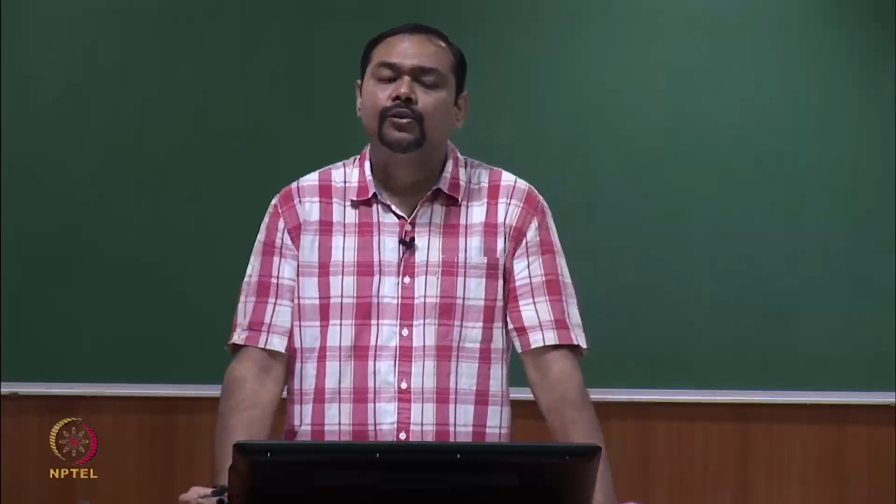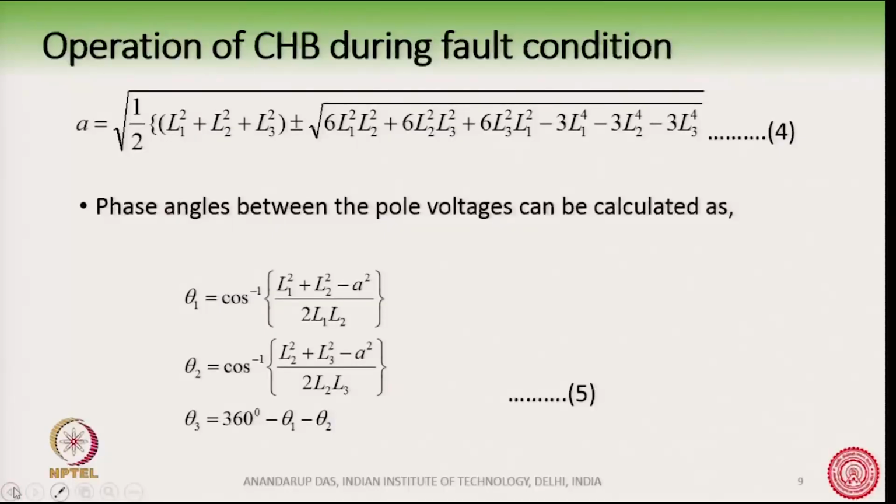To go one step ahead, it is possible to maximize the balanced line voltage A. We have got an expression of A here. What is the maximum value of A that we can get? What is the maximum line voltage that is possible to obtain from an unbalanced converter?